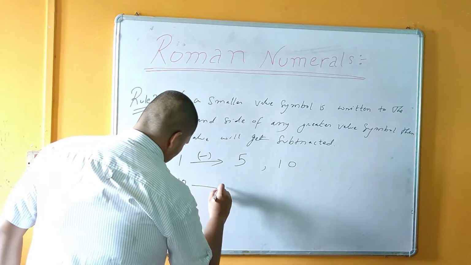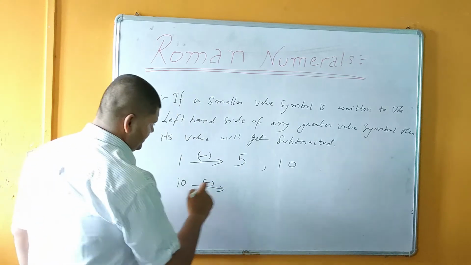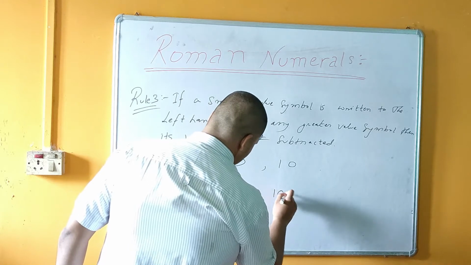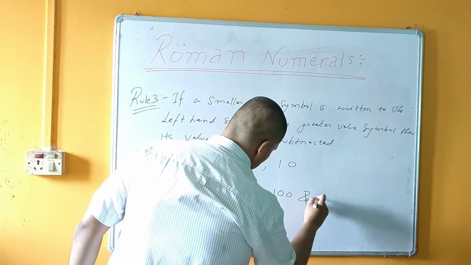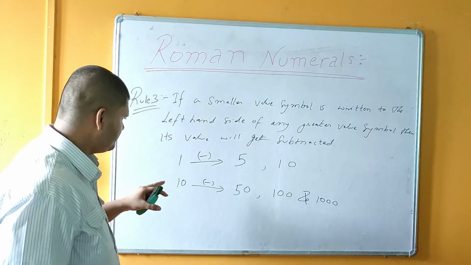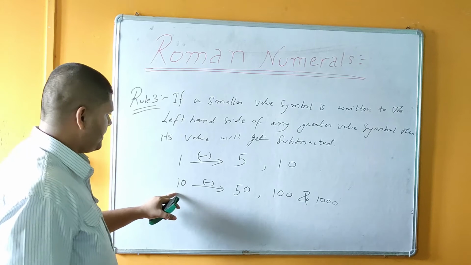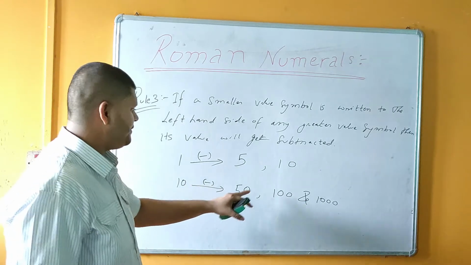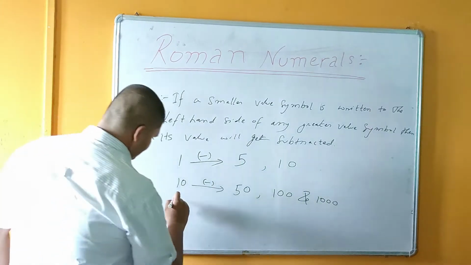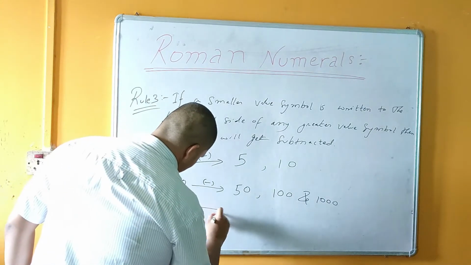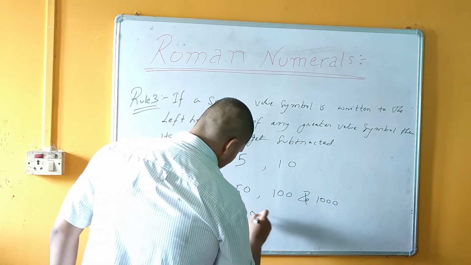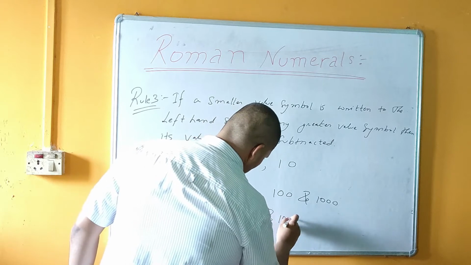This 10 can be subtracted either from 50, 100 and 1000. This 100 can be subtracted either from 500 and 1000 only.